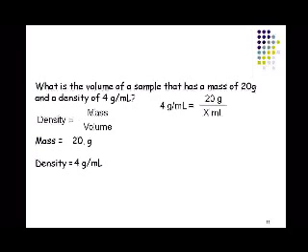Whenever we have an unknown in the denominator, what we first need to do is multiply both sides by our unknown. So on the right side, we have x in the numerator now and x in the denominator, so they cancel out. This leaves us with 4x equals 20. We divide each side by 4, giving us x equals 5 milliliters.